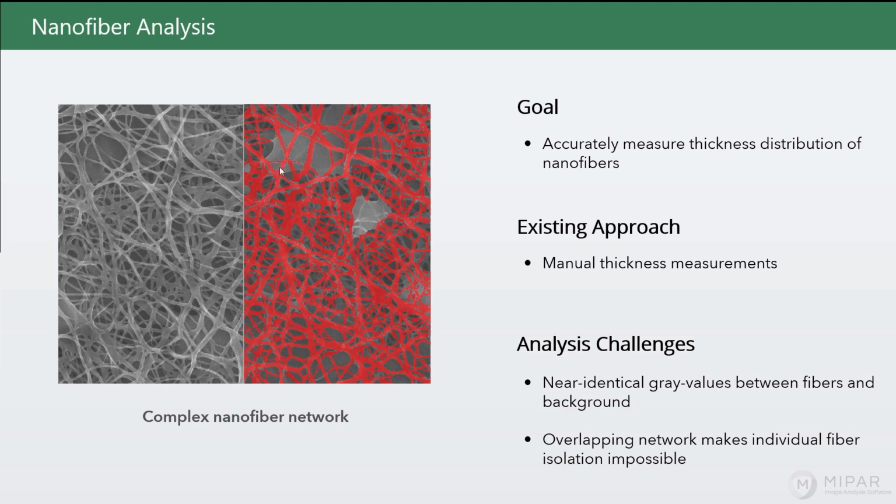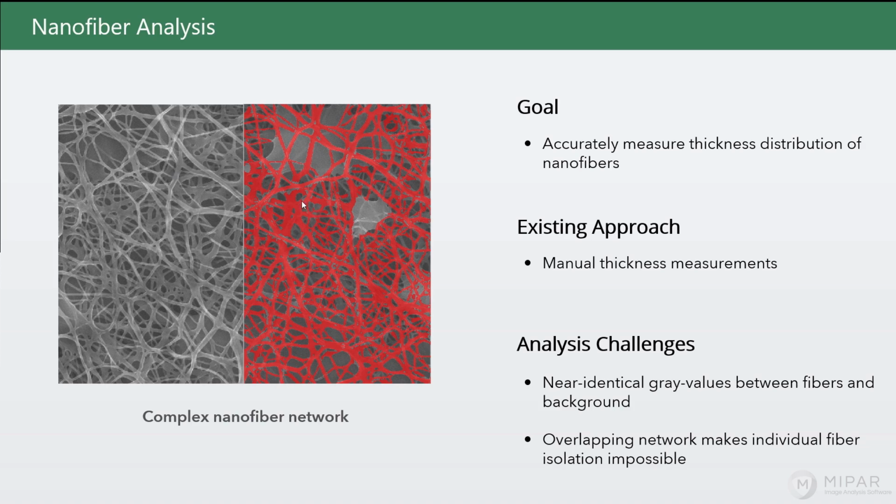So here was another case in which our deep learning technology proved critical. Again, as we saw with the grain case, with a bit of input tracing from the users, we were able to train a deep learning model to do what our brains seem to do so well, which is to recognize the fibers completely separately from the background.